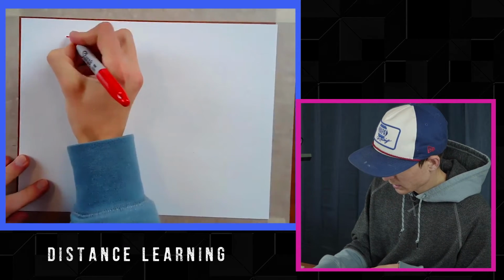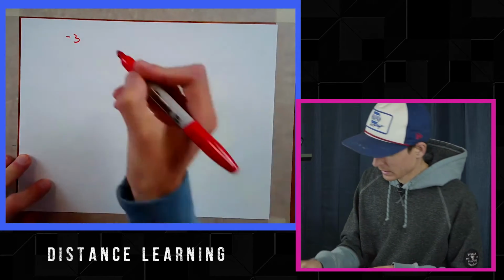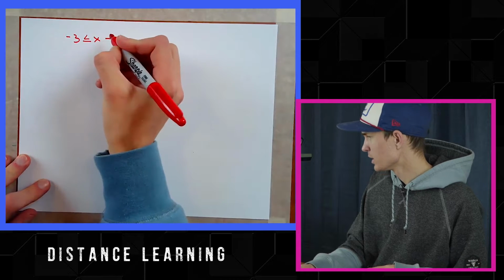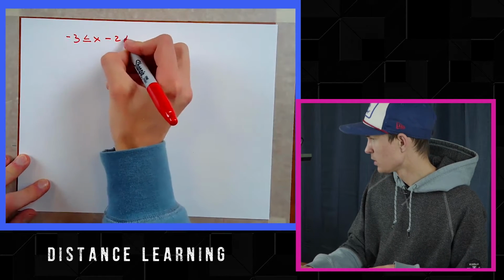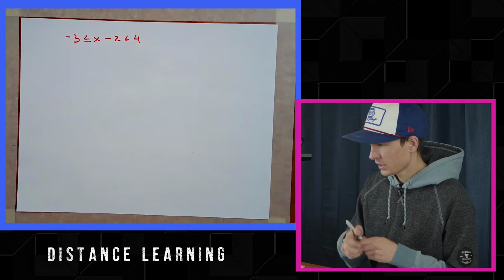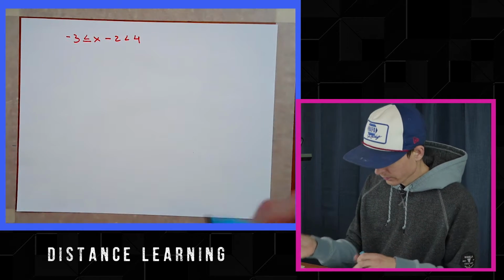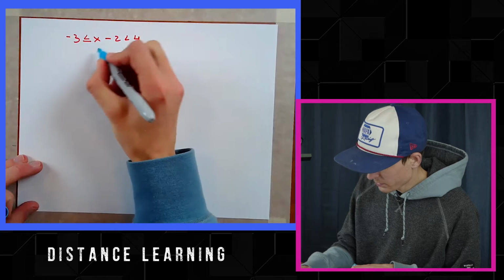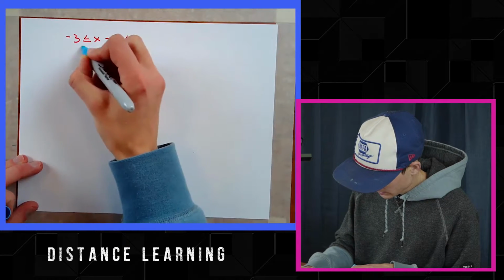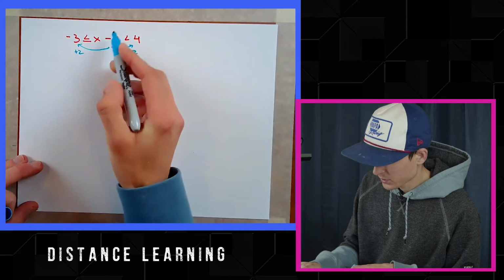Now for the main part, what you'll see more commonly is solving. Let's say negative 3 is less than x minus 2, which is less than or equal to 4, and then graph. With these, you see x is in the middle. I need to add 2 to both sides. I'm doing the opposite of whatever that says.